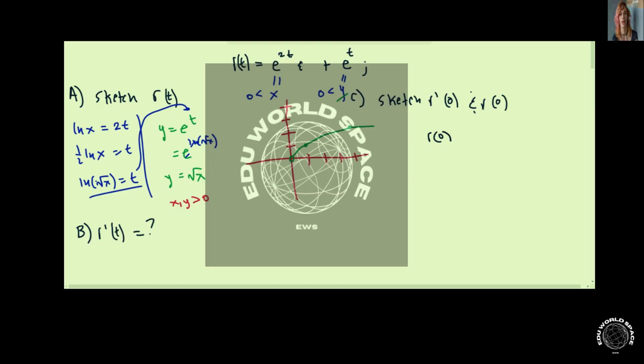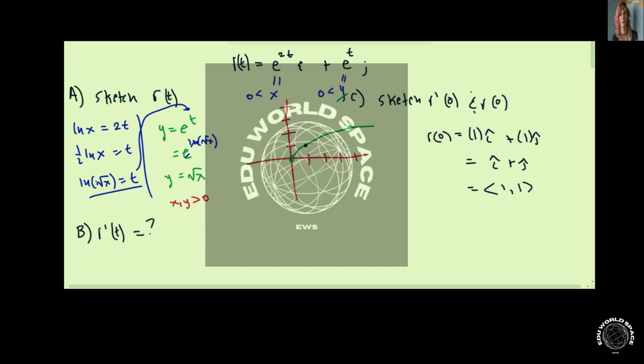So first, r of 0 is going to be, well, we're just going to plug 0 in for t. So that would be e to the 0, which would be 1i, plus 1j. So that would just be i plus j, or this is just the point, or the vector 1, 1. Okay, so we know we're at this point here.